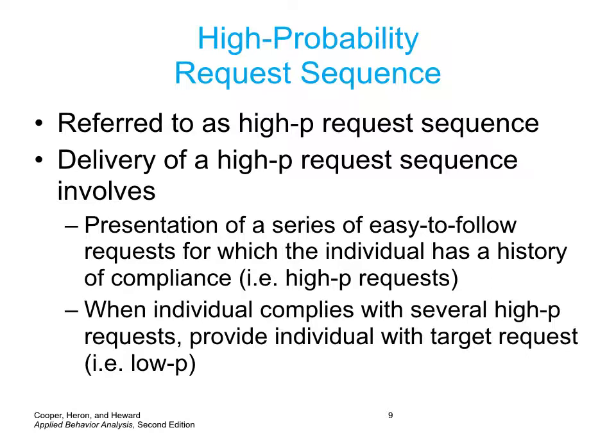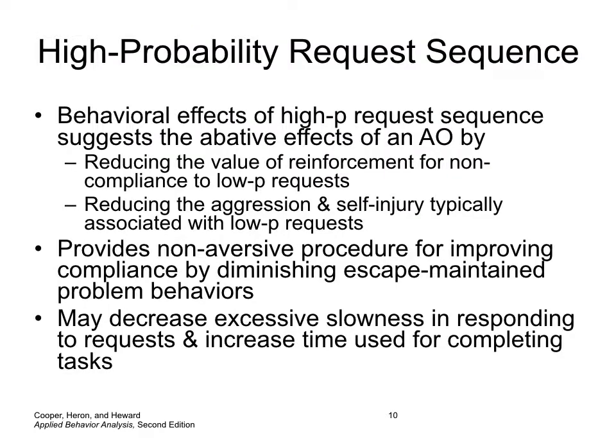When the learner complies with several such high P requests in sequence, the teacher immediately gives the target request, which is low P. The behavioral effects of the high P request sequence suggest the effects of an AO by reducing the value of reinforcement for non-compliance to the low P requests, such as reducing the value of escape from requests and reducing the aggression and self-injury often associated with low P requests.